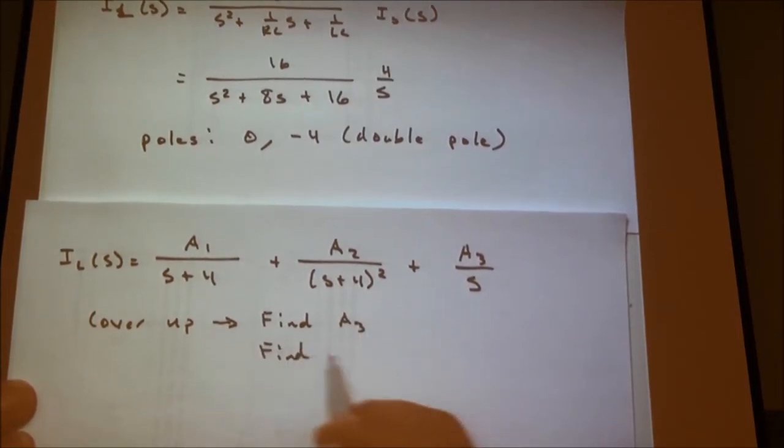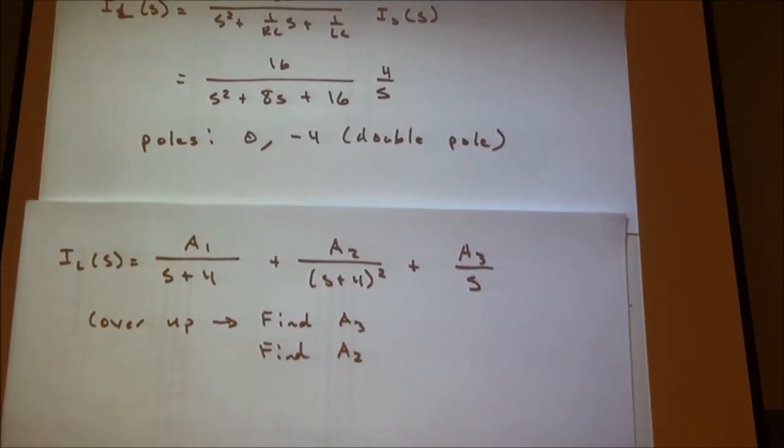Find A2. But we cannot use the cover-up rule to find A1. Right? We saw that before break. So how do we find A1?